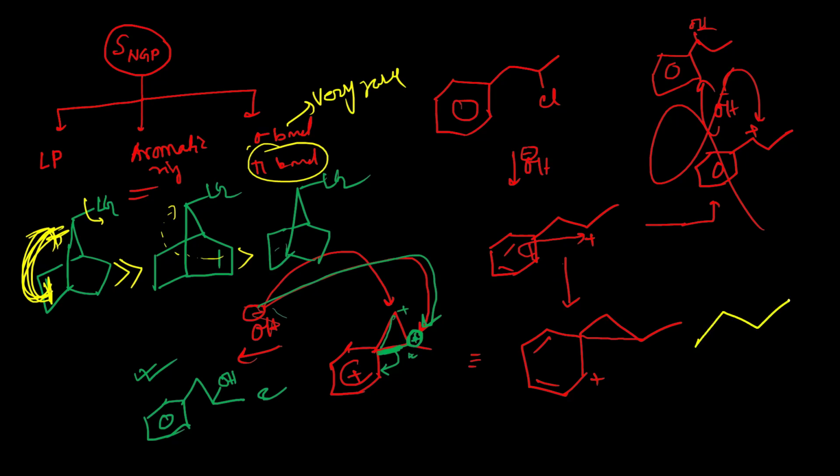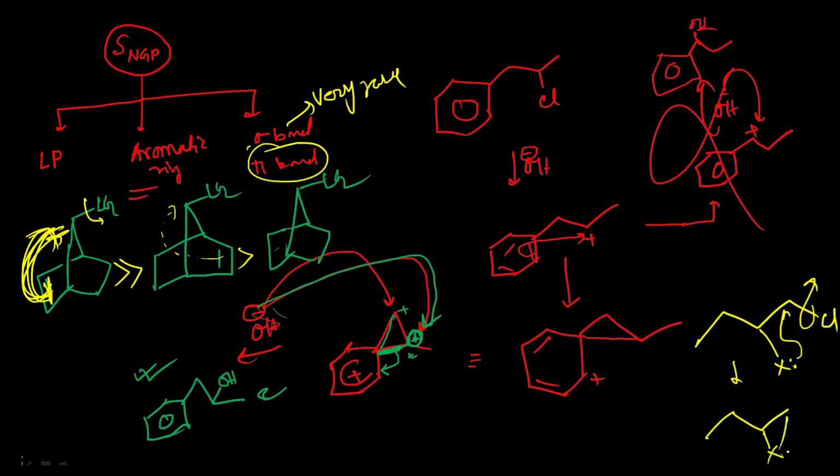In many cases, these things happen. For example, this is chlorine. Suppose I have one lone pair containing species here. If it gets removed, then this will stabilize here like NGP.